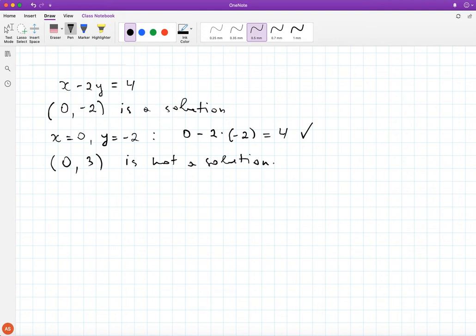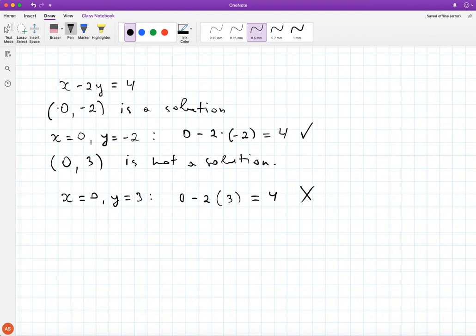This is because if we substitute x equals 0 and y equals 3 into our equation, we get something that is not a correct equality. 0 minus 2 times 3 is supposed to equal 4, but it's not because the left-hand side actually equals negative 6.